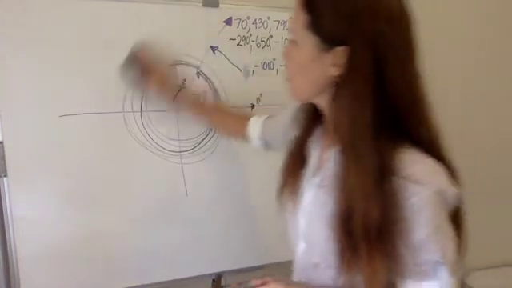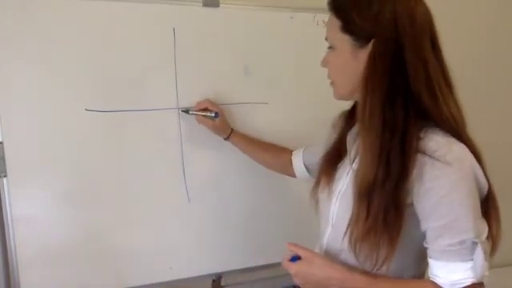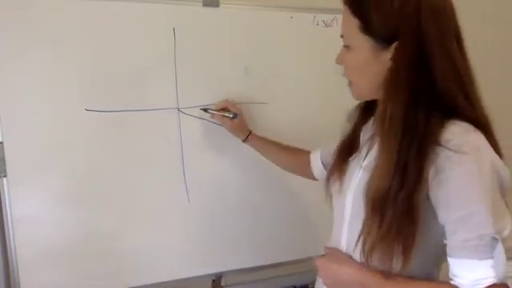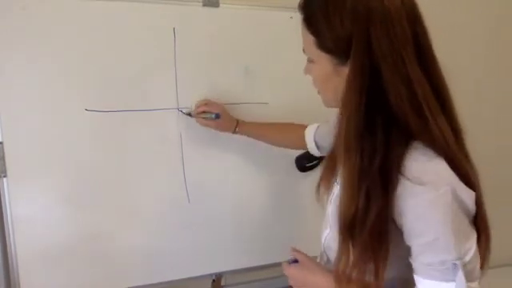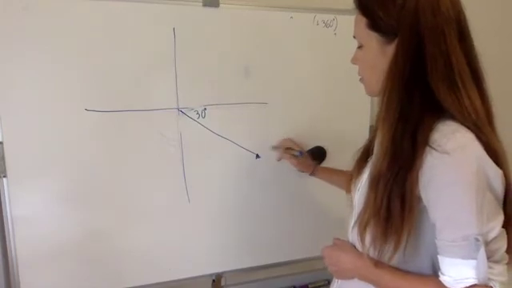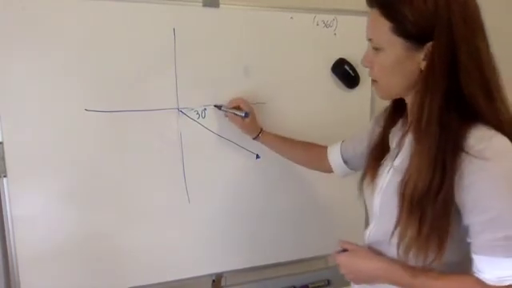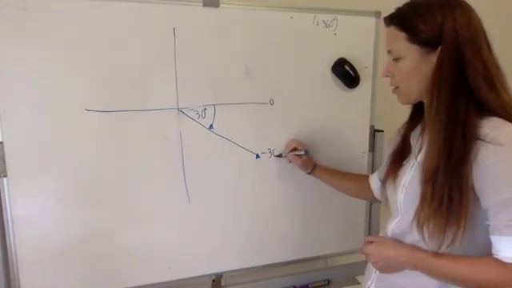Let's look at another example. Say we have a ray that's sitting here. And this angle is, no, let's make it something different. Let's make it 30 degrees. We can describe the angles associated with this ray as, well, this is going in a minus direction, isn't it, from 0? So we'd start with minus 30.